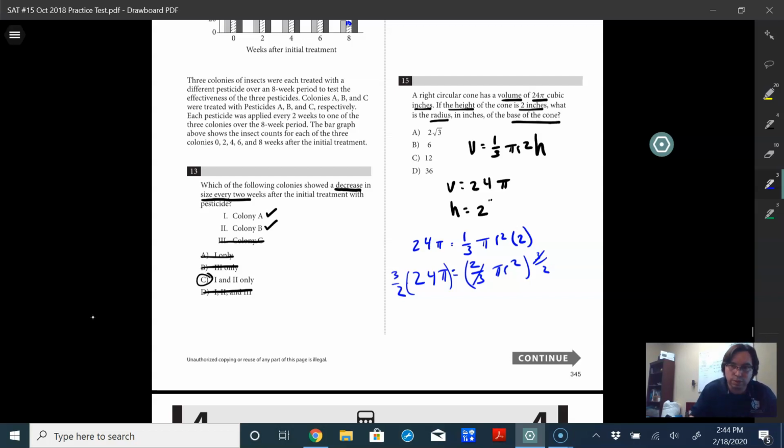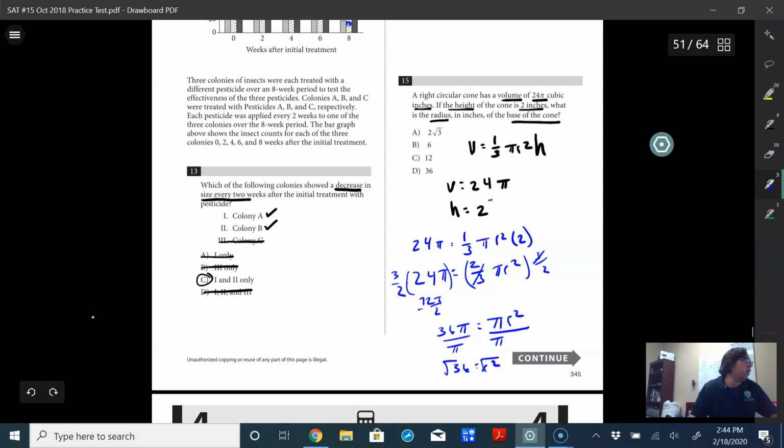It's going to be 72 pi, divided by 2 is going to give me 36 pi equals pi r squared. Well, now I can divide by pi. So now I'm left with 36 equals r squared, so take the square root of that. And what I happen to get on this one should be 6, which should be B. And so looking at it, yes, I get 6 equals r.